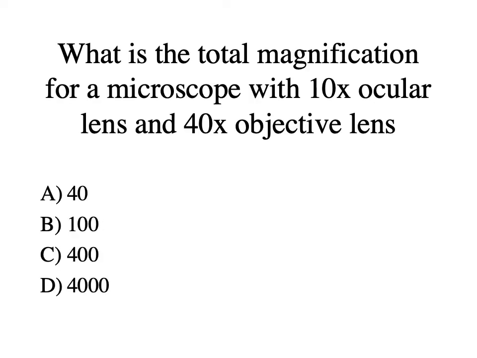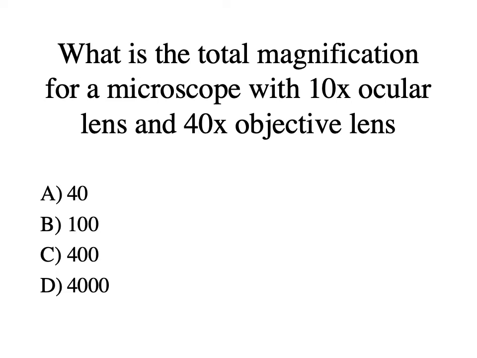What is the total magnification for a microscope with a 10x ocular lens and a 40x objective lens? A, 40, B, 100, C, 400, D, 4,000. The answer is C, 400.